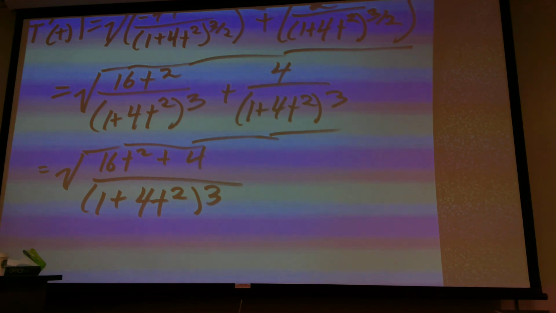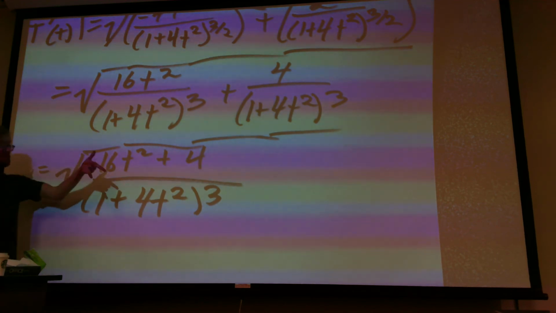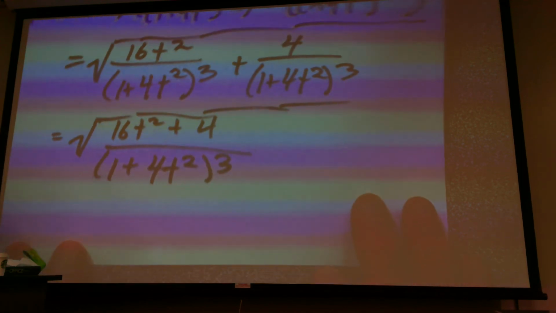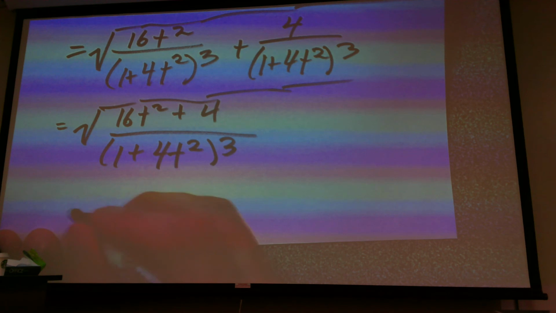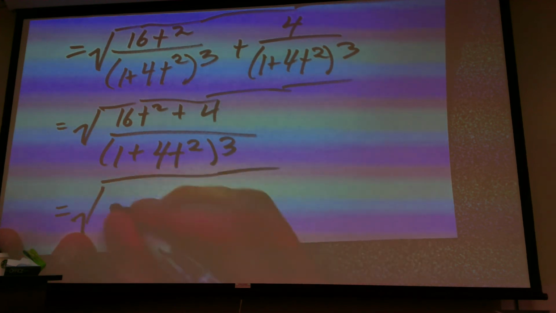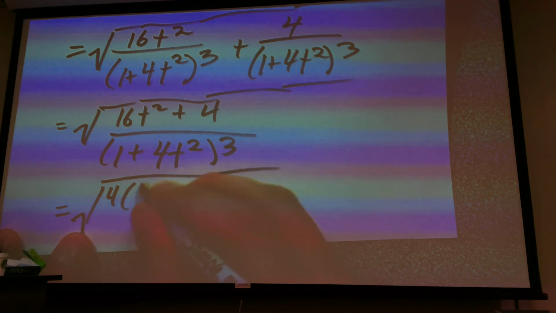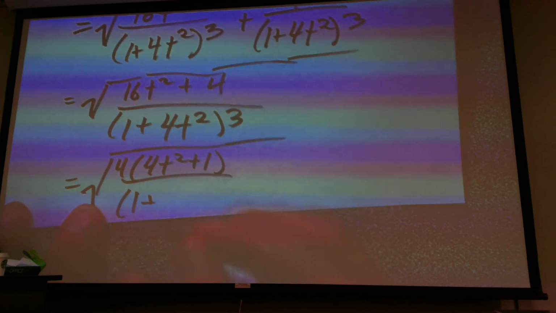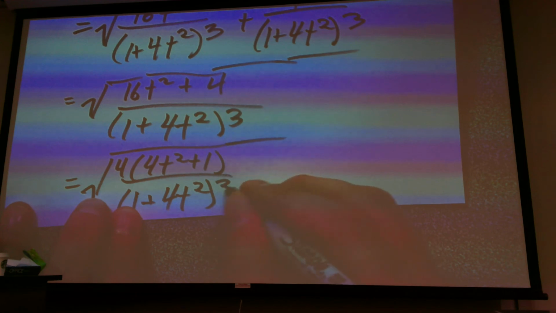Okay, so I'm just putting them on one fraction. Okay, but what is 16t squared plus 4? I can pull a 4 out of that. Okay, so that would equal the square root. Now 4 times 4t squared plus 1 divided by 1 plus 4t squared cubed.